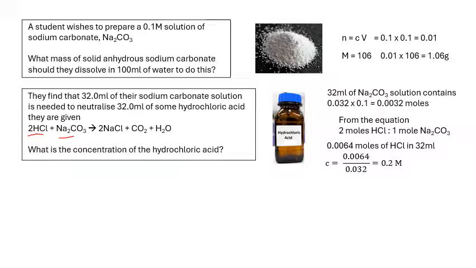So how many moles of HCl? Well, it's 0.0064 because it's double. It's 2 times 0.0032. And then if we divide that by the volume in decimeters cubed for 32 mils, we get 0.2 molar. So my hydrochloric acid is 0.2 molar.